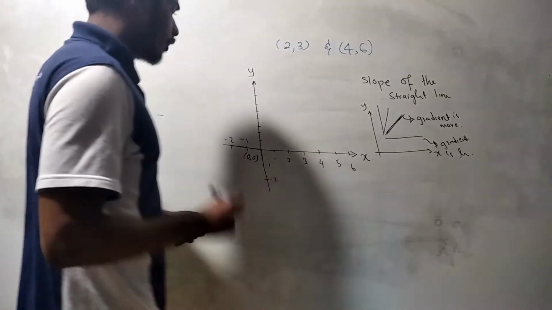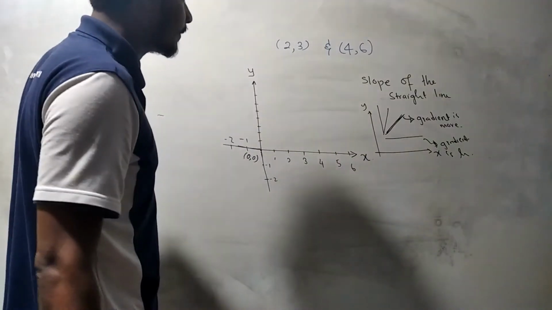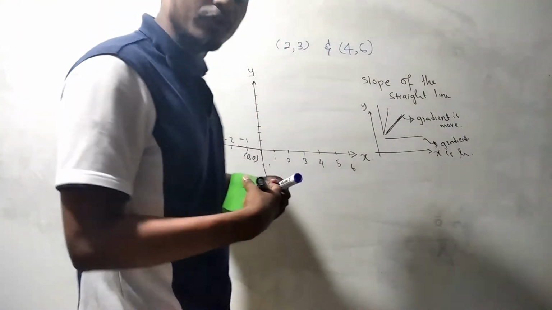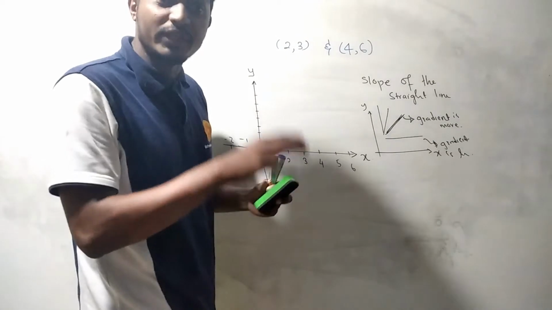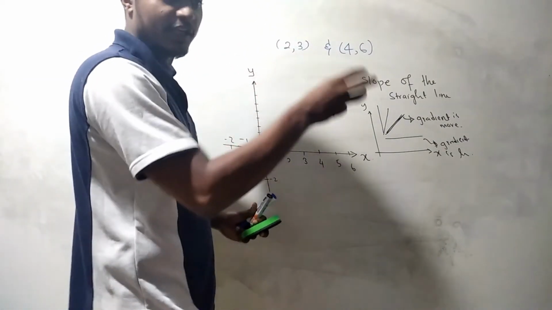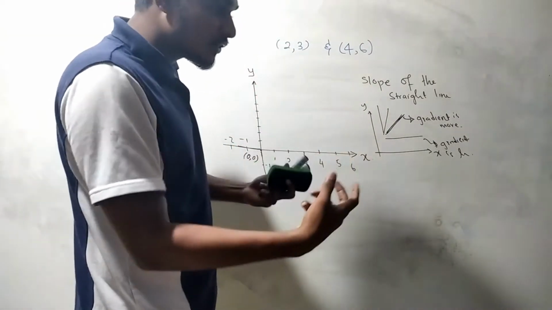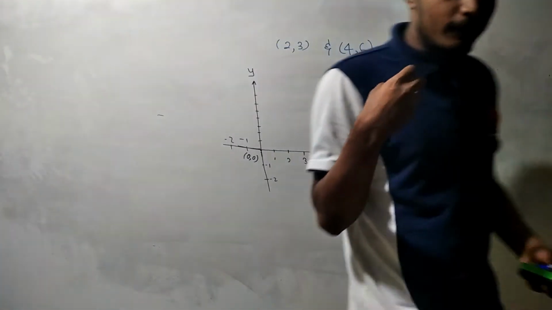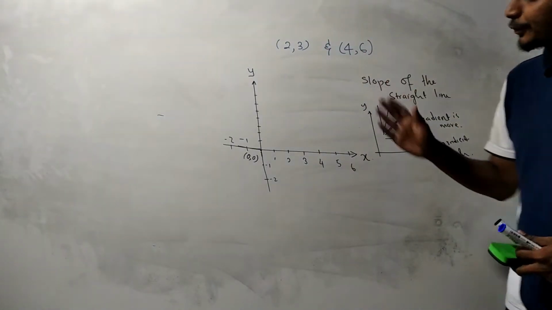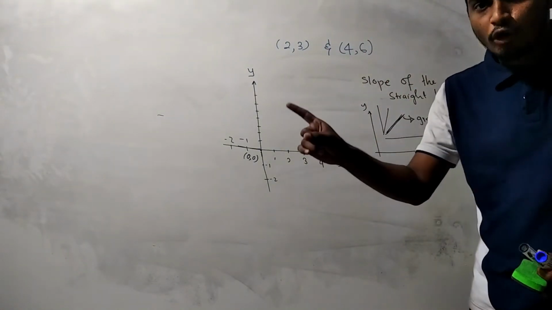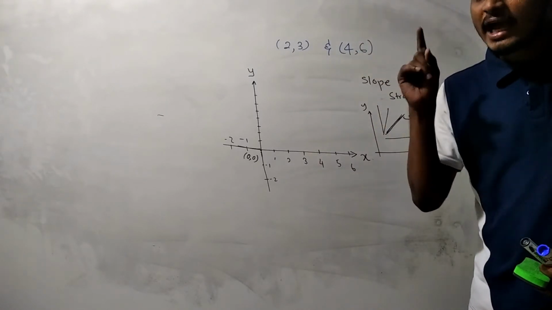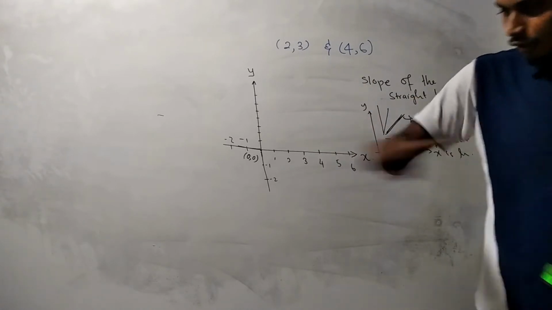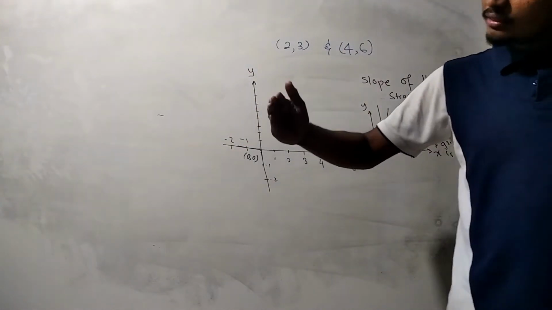Students, how do we represent 2, 3 in the Cartesian plane? Which is x and which is y? That is among the confusion of many students. They always tend to confuse between 2, 3 and 3, 2. It's very easy to remember using the alphabetical order: A, B, C, all the way up to X, Y, Z. Who is the first?